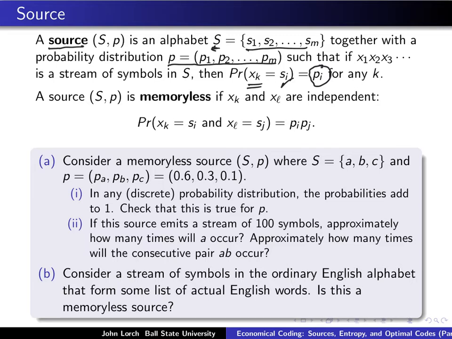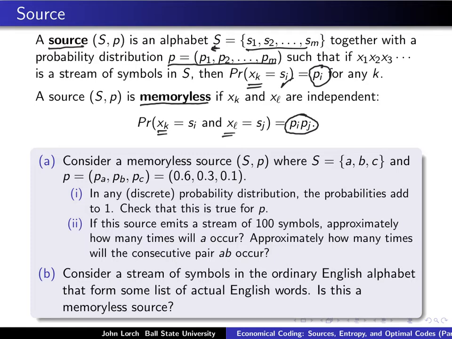Further, we say that the source is memoryless if, when you look at two particular locations within the stream, and you want to know the probability that s_i lies in the first location and s_j lies in the second location, then we can get that probability by simply multiplying the two individual probabilities, p_i and p_j, together.